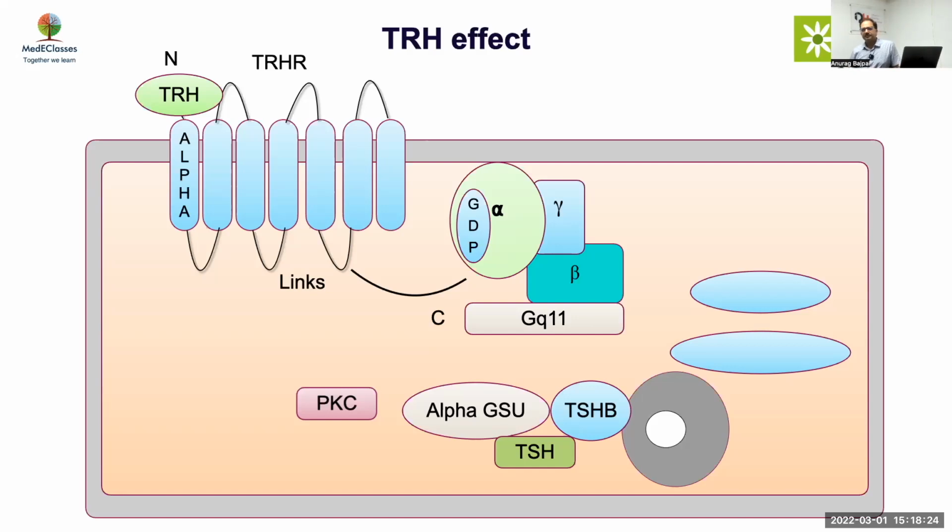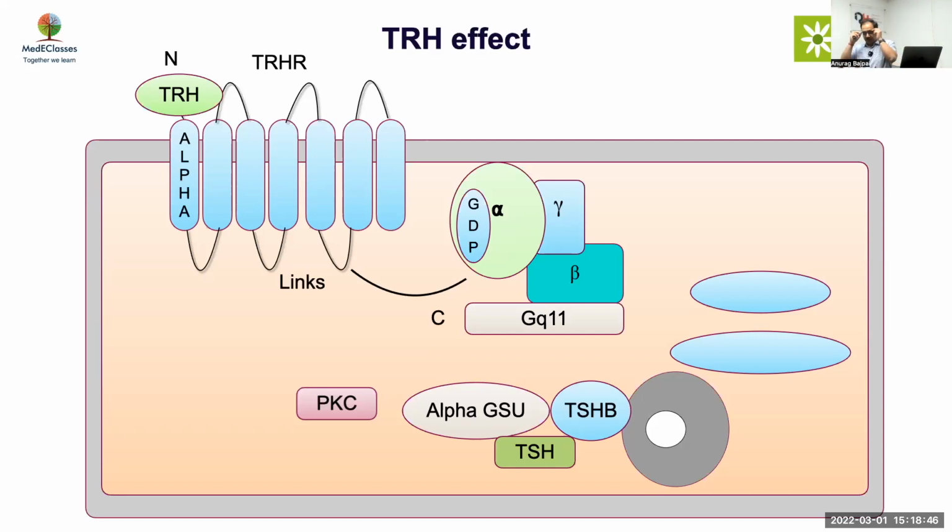Because the alpha subunit is the same as in other hormones. Alpha subunit is the same for which hormones? LH, FSH, hCG. And what do these hormones have in common in terms of chemical structure? They are peptides, but what else?